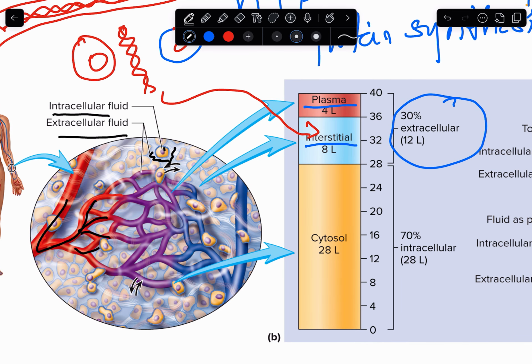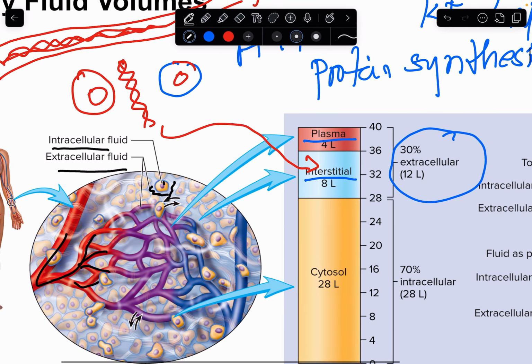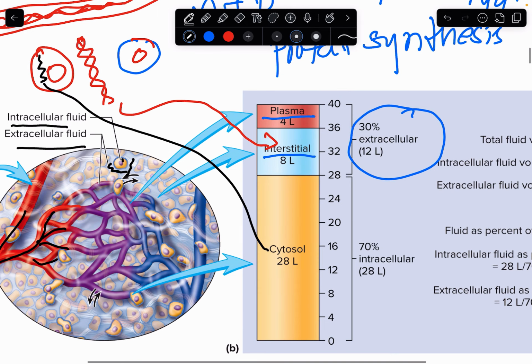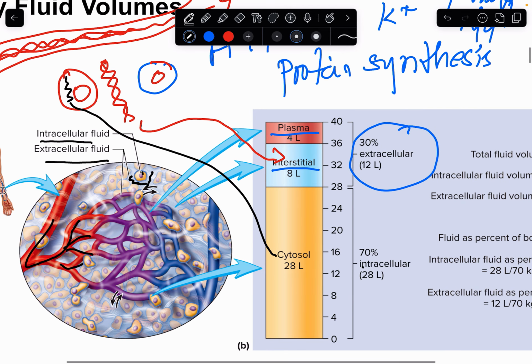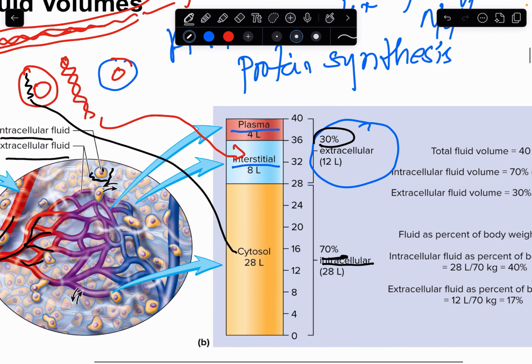That is called cytoplasm. Inside the cell, what do we see? Cytoplasm. That is intracellular fluid. Almost 70% is intracellular, and 30% is extracellular fluid.